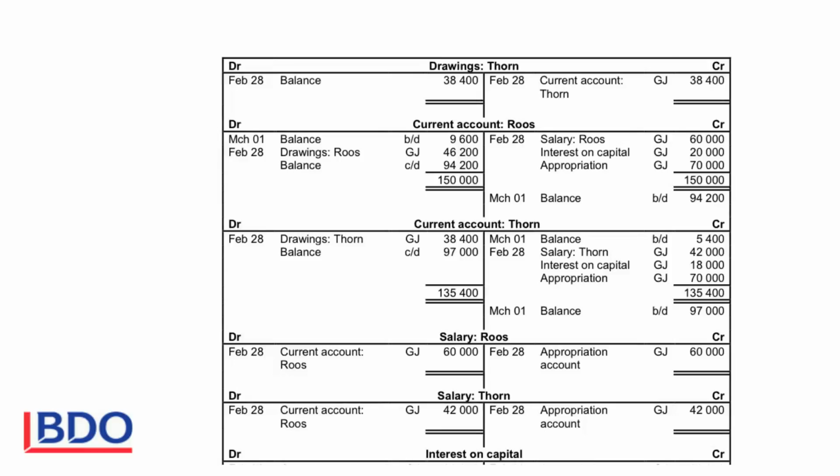The salary of Rose will be debited with the 60,000 to increase expenses on the debit side, and we will credit the current account of Rose with the 60,000 to indicate that the business owes him money.